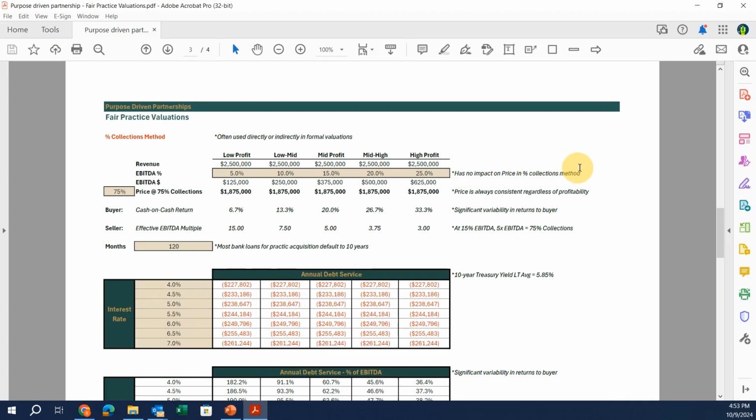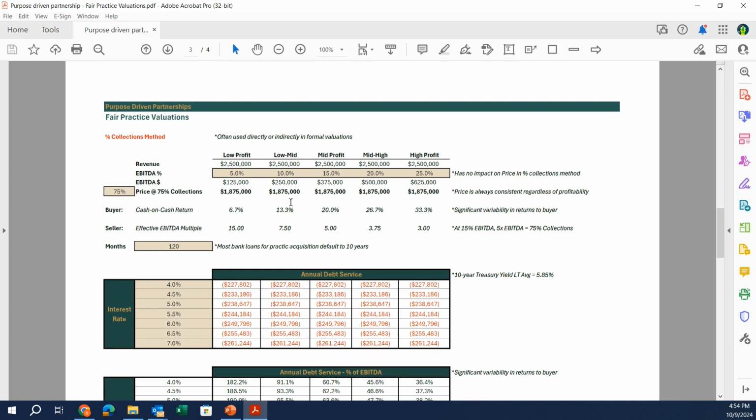We are keeping this a little simple for this example. We have seen valuations that will do an EBITDA method and a percentage of collections method and attempt to combine those or average those out. But in this case, we're assuming a pure percentage of collections method, so the EBITDA percentage or the profitability of the practice has no impact. So the price of the practice is always consistent regardless of the profitability level. That's what you see here.